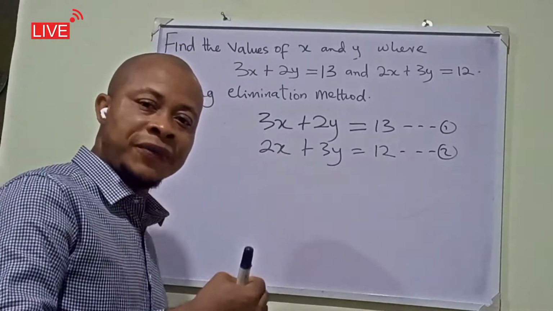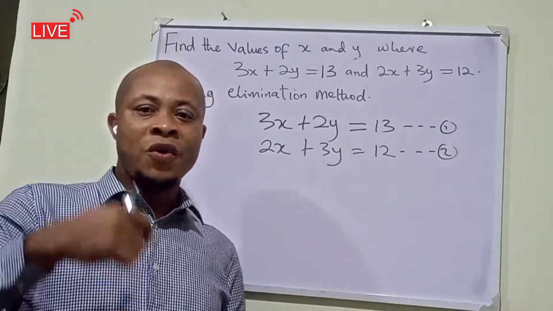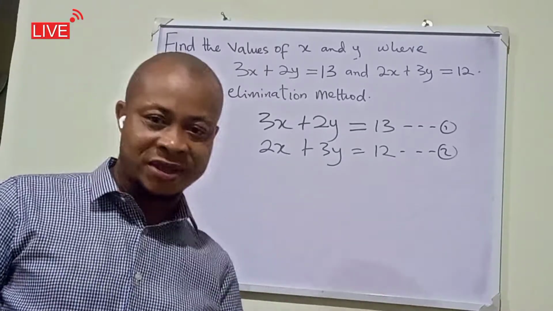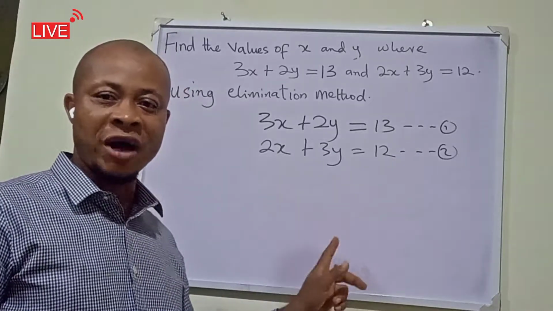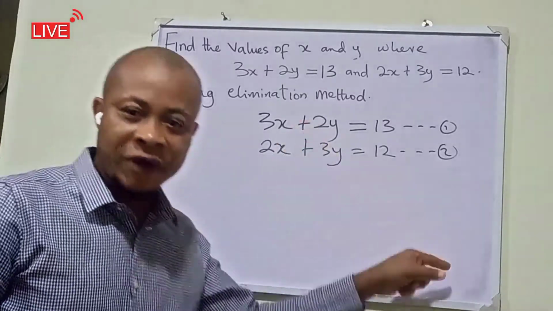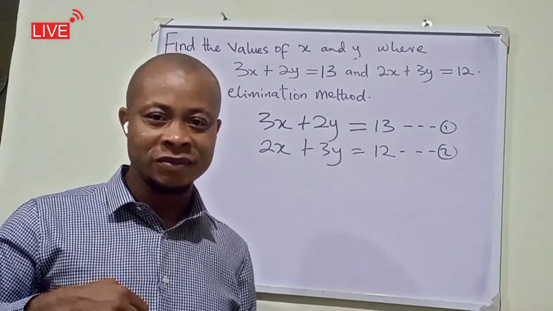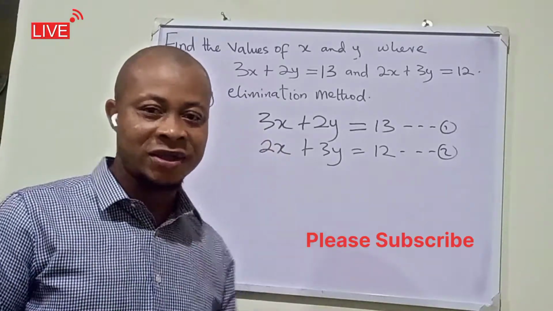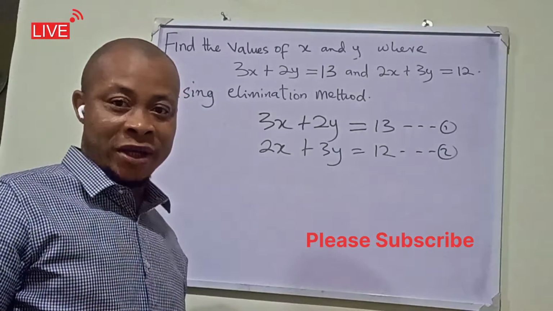To solve this problem, you have to decide which of these variables you want to eliminate first. Because if you eliminate y, you will get the value of x. If you eliminate x, you will get the value of y. So it depends on you, the student, to decide which of these variables you want to eliminate first before you can get the other one. You have your choice to make.